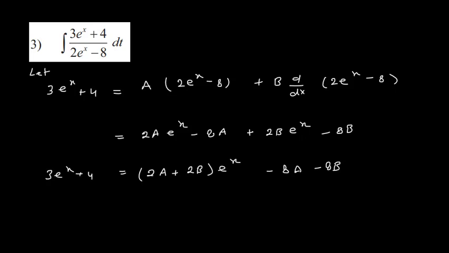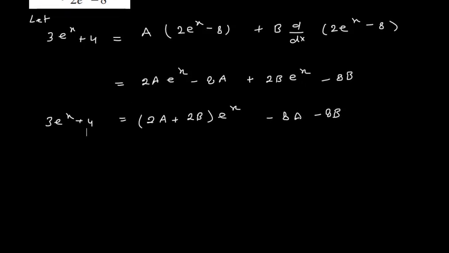Okay, so by comparing you have therefore 2a plus 2b is equal to 3, and we have minus 8a minus 8b is equal to 4. So this is your equation 1.